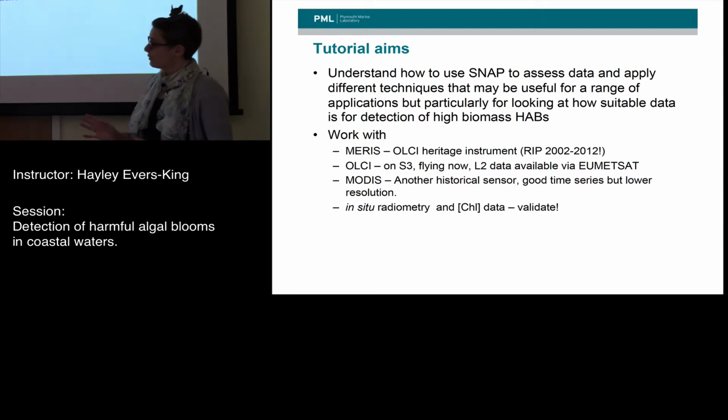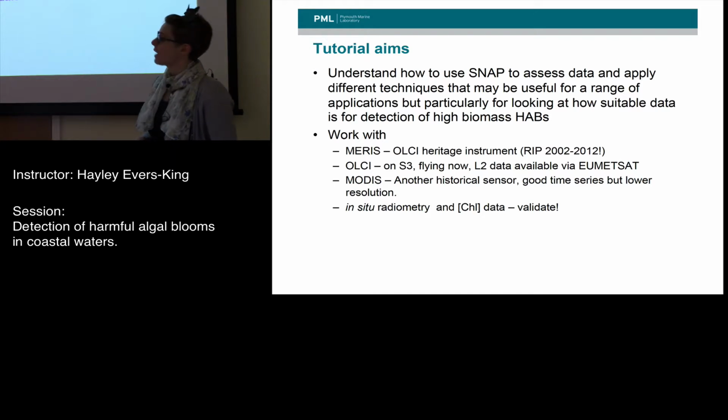You're going to work with several different types of data, so predominantly MERIS. This is the heritage instrument that has sort of led to the development of the OLCI sensor, which is now flying aboard Sentinel-3. We're working predominantly with MERIS because I have a lot of in situ data to go alongside it, because OLCI's not been up there for so long, we don't have the same amount of in situ data. But there is also OLCI data from a more recent bloom for you to explore as well during this tutorial.